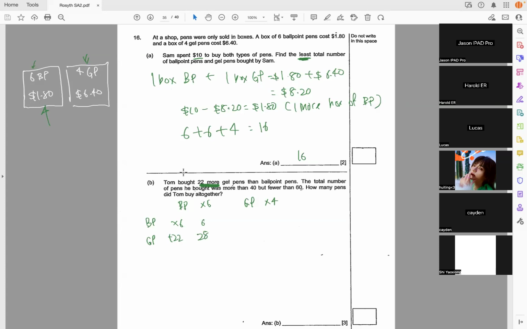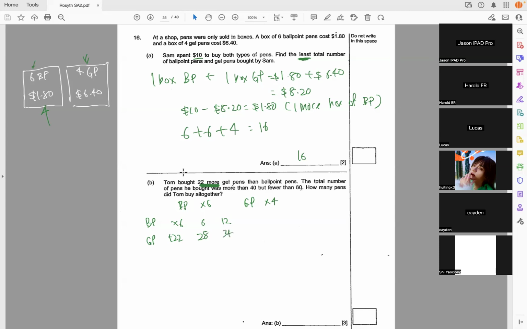Any question? If Tom were to buy 12 ballpoint pens, 2 boxes of 6, then because Tom bought 22 more gel pens, the total gel pens will be 12 plus 22, 34.